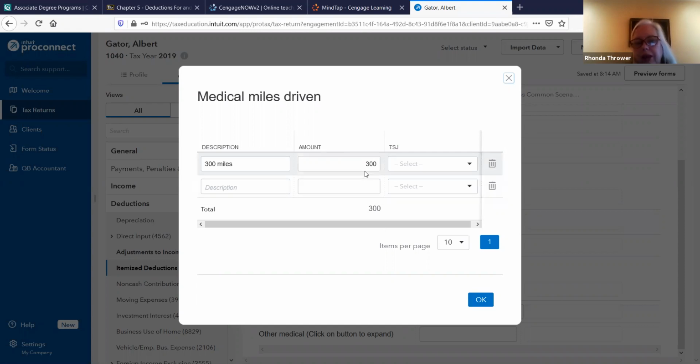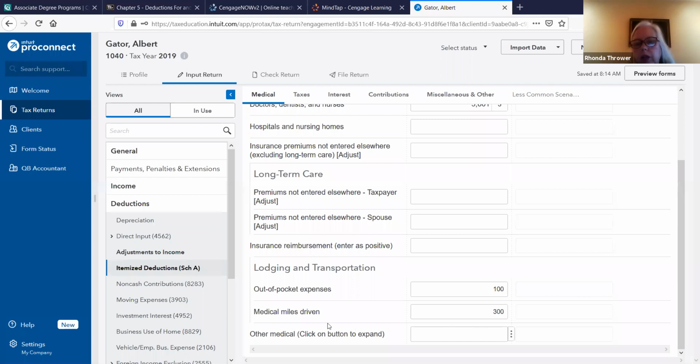So this should be miles that we're talking about here, because I wanted it to show the miles that were driven. Now the tax law states that you could get 20 cents per mile for driving those medical miles. The medical rate is 20 cents a mile. You didn't have to put in that 20 cents per mile because ProConnect will do that for you. So what I wanted it to show was the number of miles driven, which is 300.